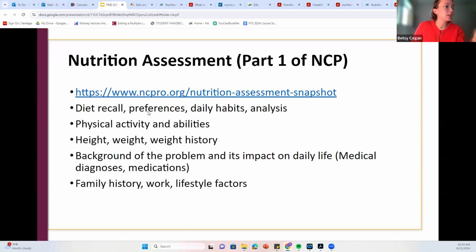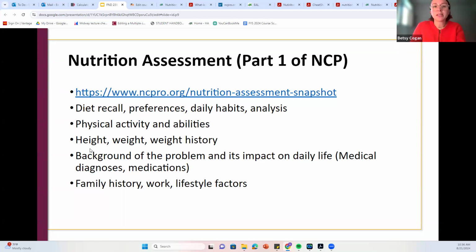But if we sneak back here, we want to be looking at all sorts of things. It's listed out on the snapshot, but we maybe will ask them for a 24-hour recall, or ask them how their diet has been going, if they have any food preferences, what normal eating looks like for them. We want to know about their capabilities or their mobility.